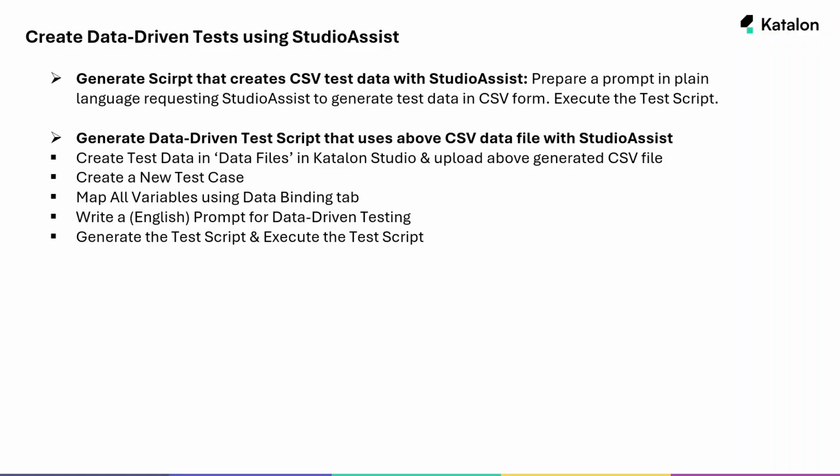Then in the new test case, we're going to write a plain English language prompt for data-driven testing. Then you need to generate the test script and execute it. Now let us go to Katalon Studio and see how we can generate the data-driven tests using StudioAssist by following the steps that I have explained.